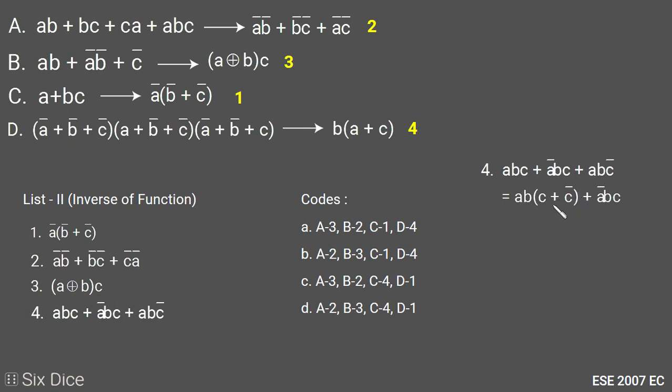C plus C bar will always be 1 in Boolean algebra, so we will end up with AB plus A bar BC. If we take B common from these two terms, we will get B into A plus A bar C. Now here A bar is a redundant term, so we will eliminate that, so we will get B into A plus C, which is the inverse function of option D here. So the right answer of this question is option B here.